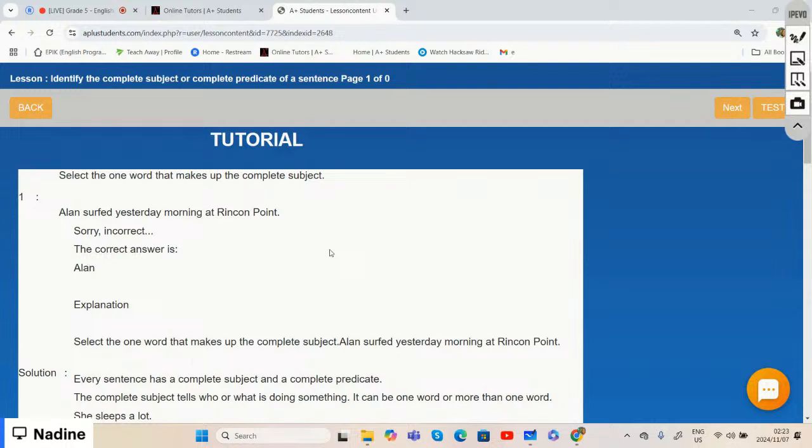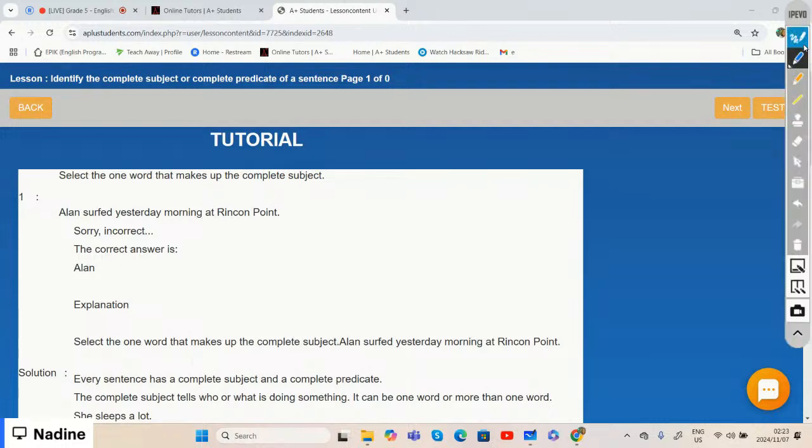Then it says Ellen served yesterday morning at Rincon Point.